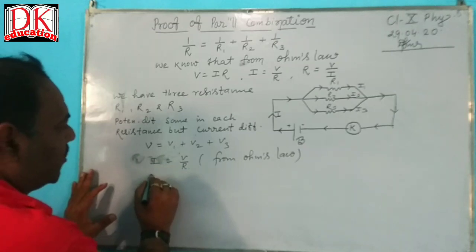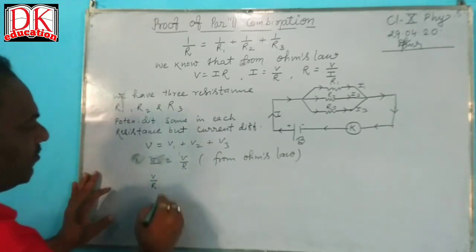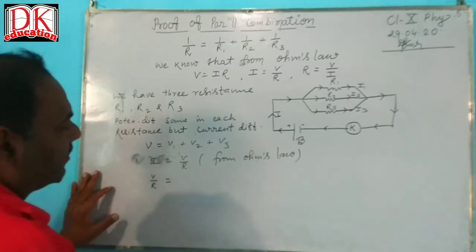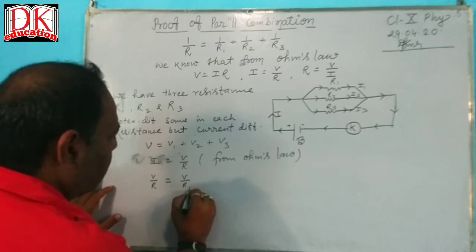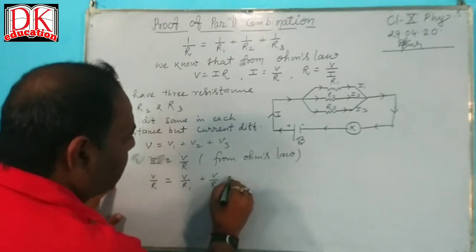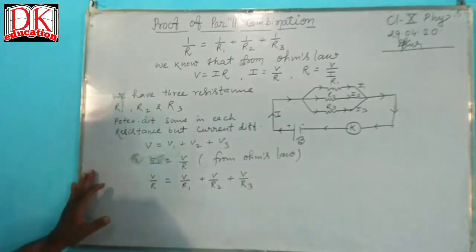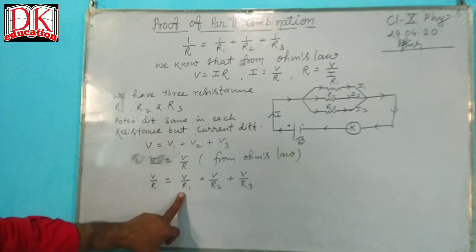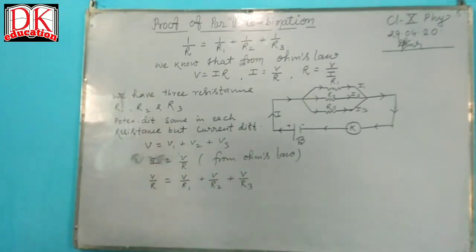I is equal to V upon R. Now we take V upon R1, V upon R2 and V upon R3.